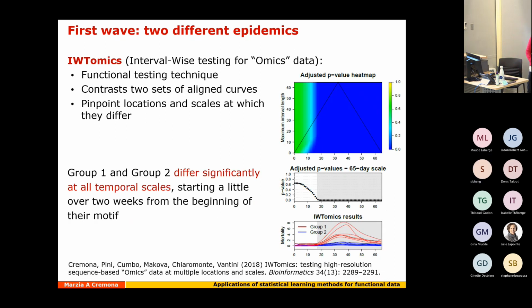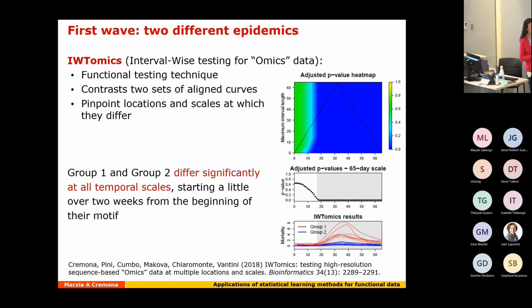So we also used a testing procedure to test for differences between the two sets of curves. We wanted to see if those two groups were really two groups or not. In this case, we employed another methodology that I developed a few years ago that is called IWT-omics. Basically, it is a testing technique. We are performing a hypothesis test to see if there is any difference between two groups of curves.